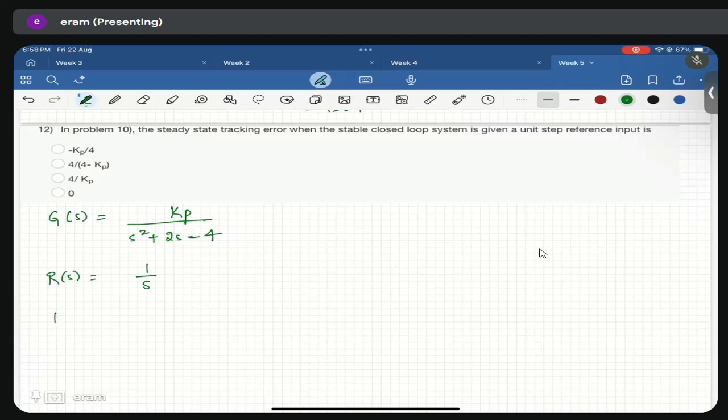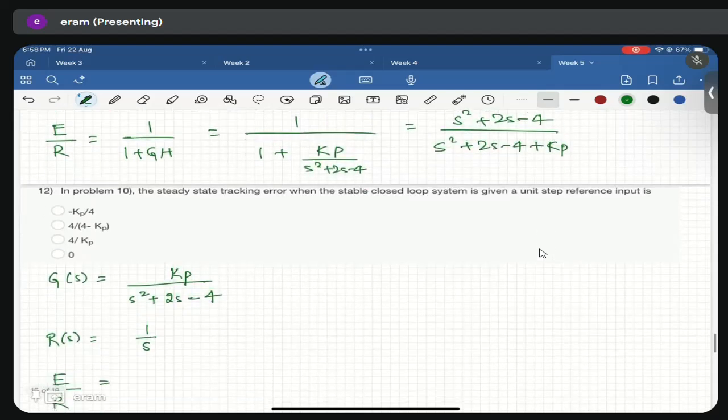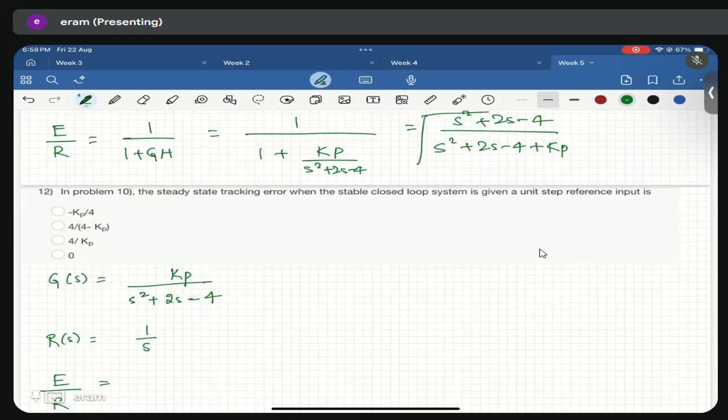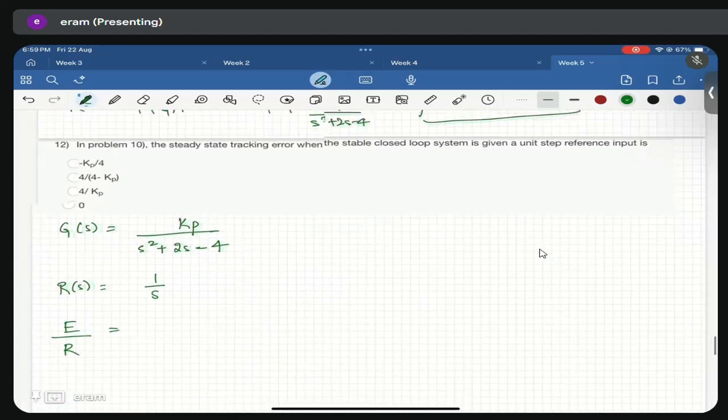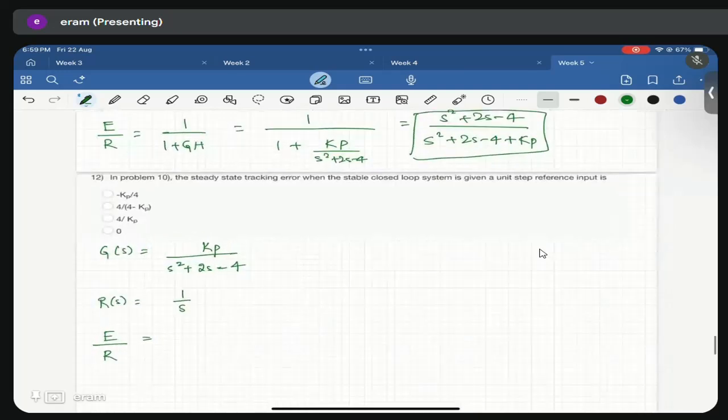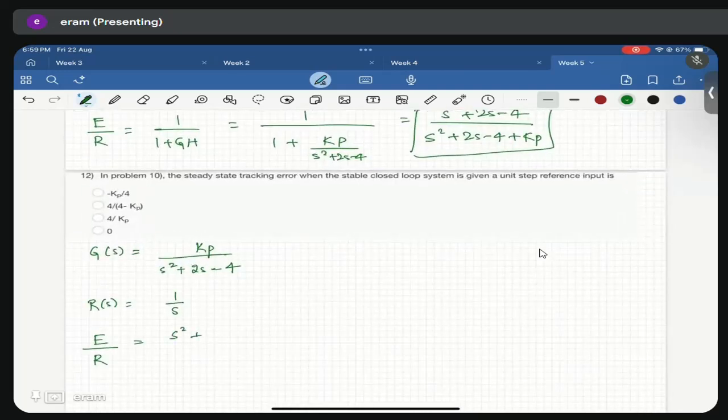Very simple. We have just now calculated E by R. It was s square plus 2s minus 4 over s square plus 2s minus 4 plus Kp.